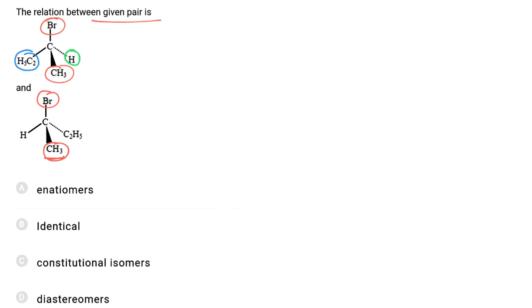In the next molecule, the positions of hydrogen and C2H5 are changed. Now hydrogen is present on the plane of paper and C2H5 is present in a dash line, and if two groups are exchanged on a chiral carbon, then the new molecule formed is the enantiomer of the original compound. Hence these two molecules are enantiomers of each other, and hence the correct answer is A.